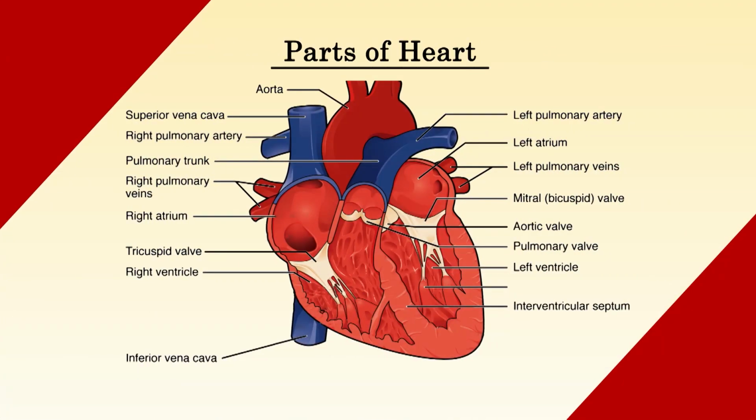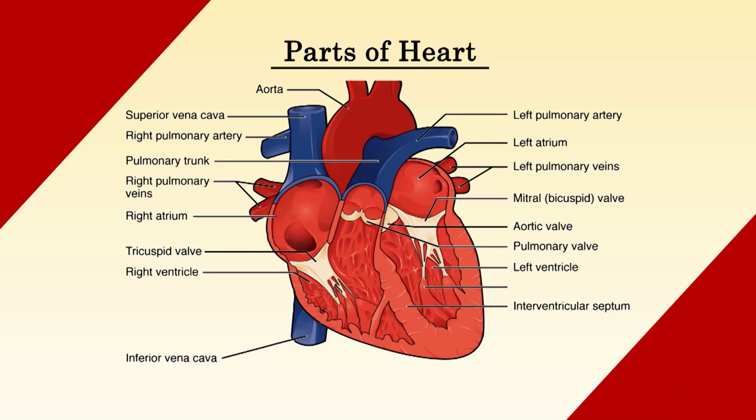The upper 2 chambers are atria and the lower 2 chambers are ventricles. This is to avoid the mixing of oxygen-rich blood and carbon dioxide-rich blood. The partition between the chambers has a role in avoiding the mixing of blood. The septum is the partition between the right and left sides of the heart.